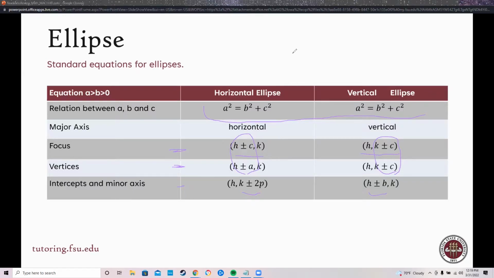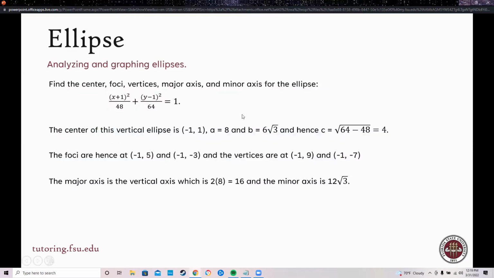Hopefully that has given you some perspective on the properties of an ellipse, and we will try and analyze one right now to really hammer this point home.